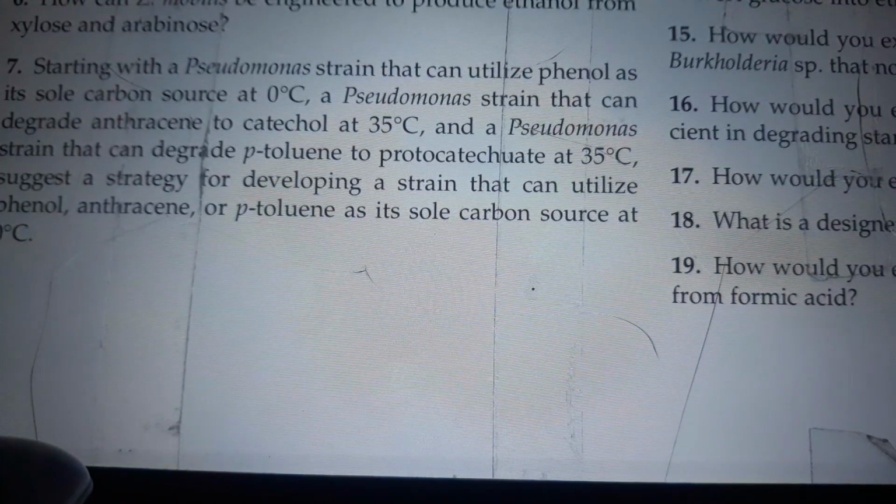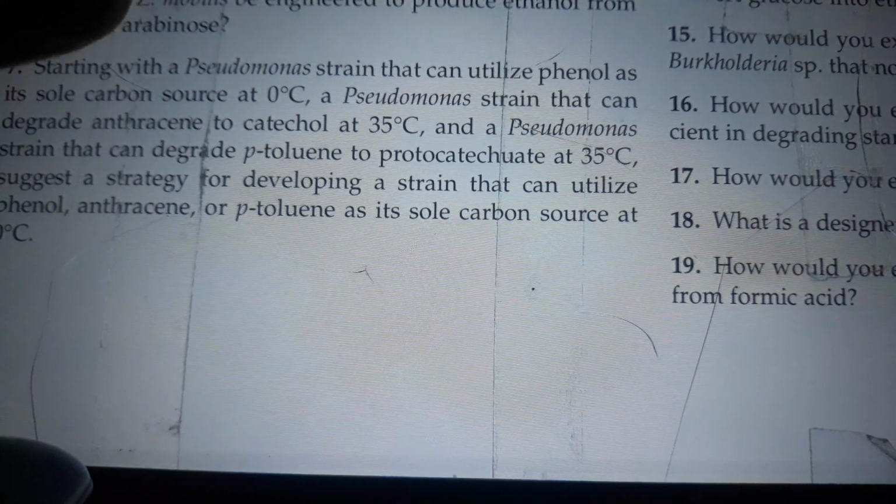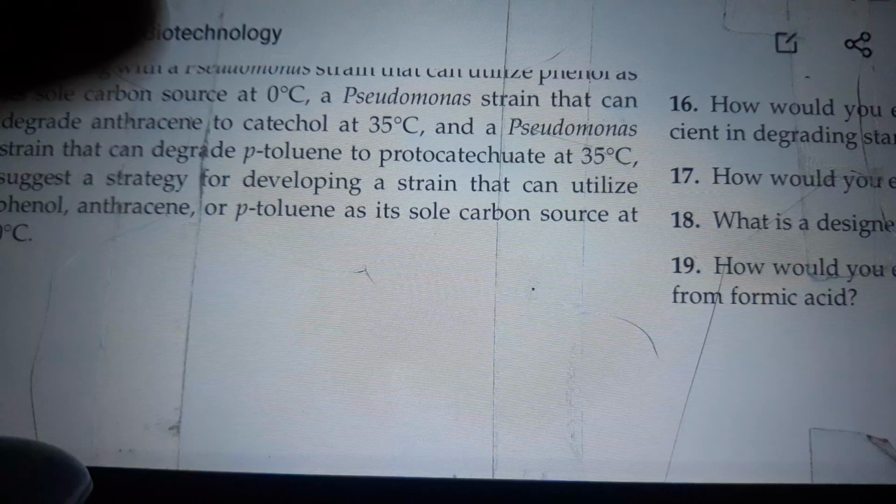Starting with a Pseudomonas strain that can utilize phenol as its sole carbon source at 0 degrees centigrade, a Pseudomonas strain that can degrade anthracene to catechol at 35 degrees centigrade, and a Pseudomonas strain that can degrade p-toluate to protocatechuate at 35 degrees centigrade, suggest a strategy for developing a strain that can utilize anthracene or p-toluate as its carbon source at 0 degrees centigrade.